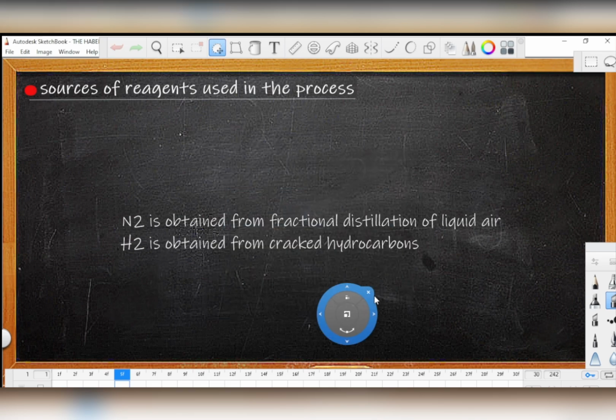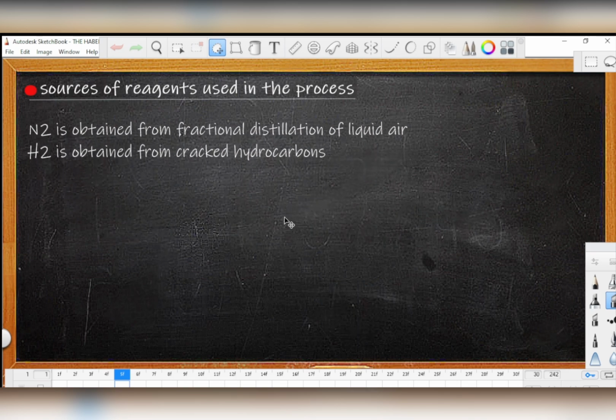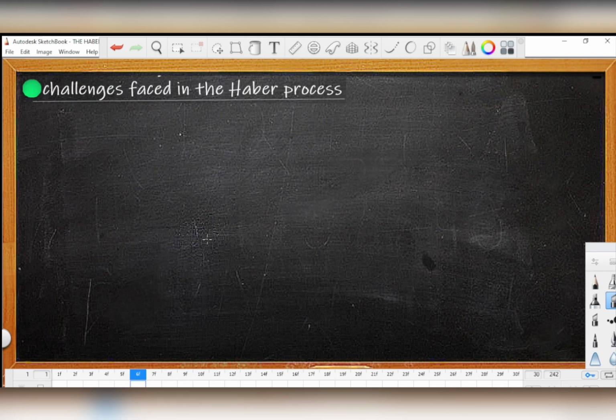I'm not saying other sources of hydrogen do not exist, because even electrolysis of certain compounds can produce hydrogen at the negative electrode, at the cathode. But I'm talking about how we get them in large amounts, for industrial amounts, which is by cracking hydrocarbons.